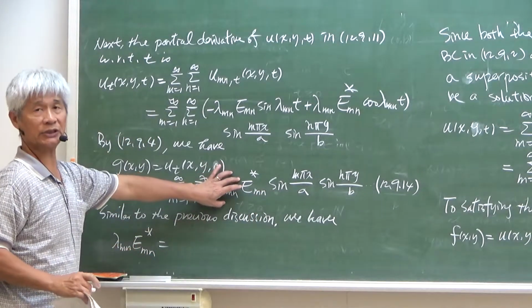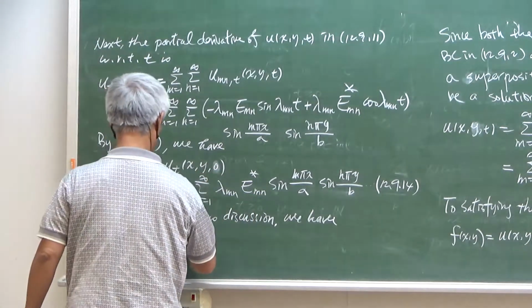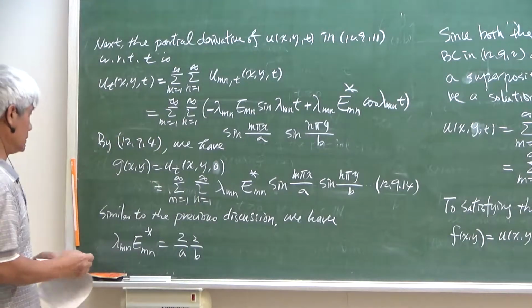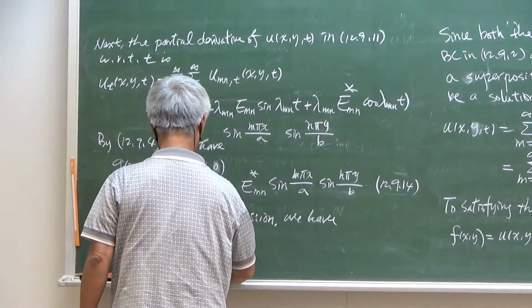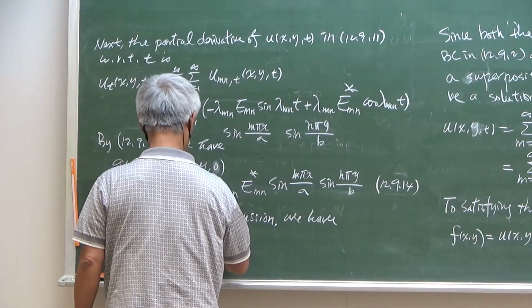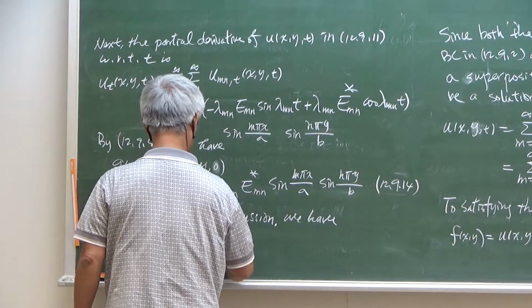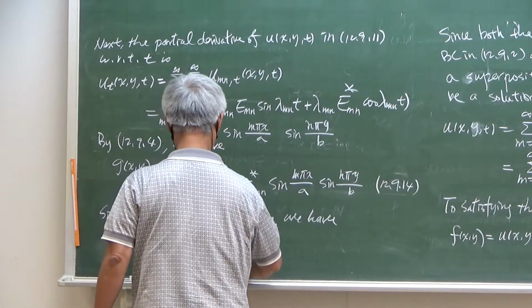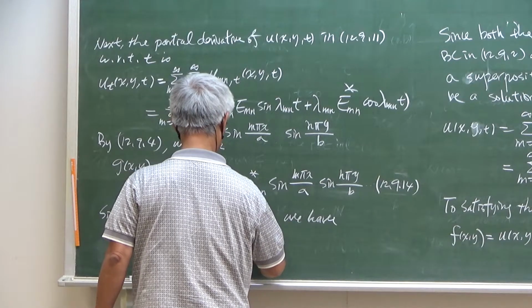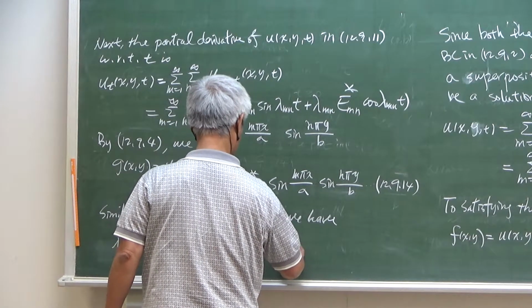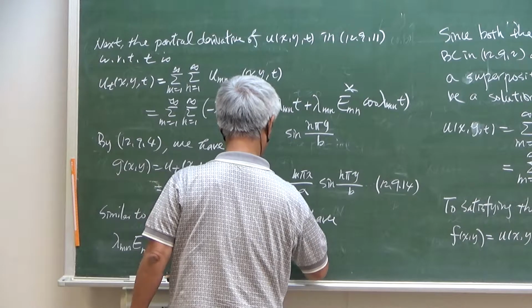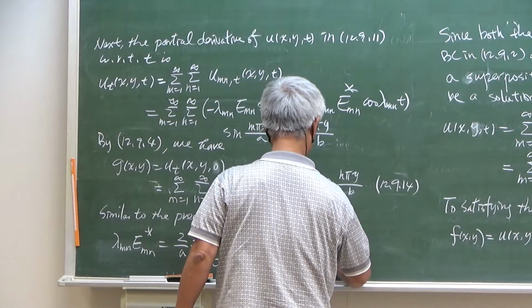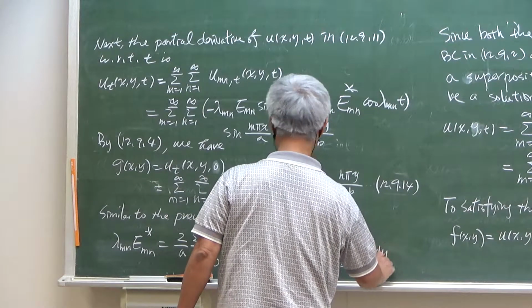The coefficient actually is the double Fourier sine series transform of g(x, y) sine(m pi x / a) sine(n pi y / b) dx dy.